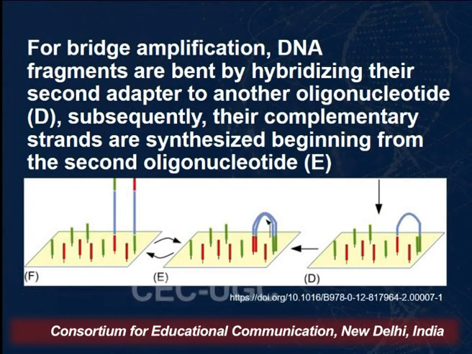Once the new complementary strand has been synthesized and the original strand has been washed away, then we give the chemical conditions so that the other side adapter also attaches to the slide and creates a kind of a bridge, and then the synthesis will take place.